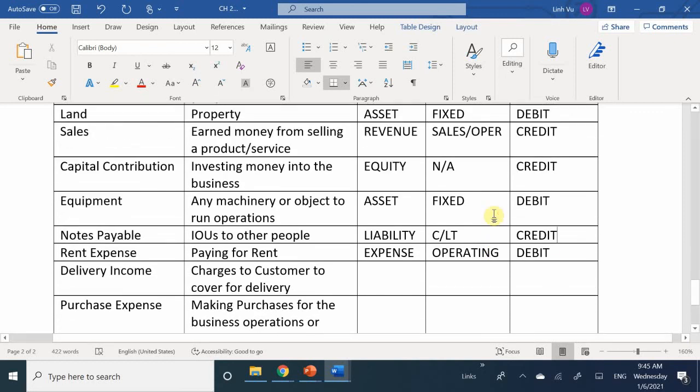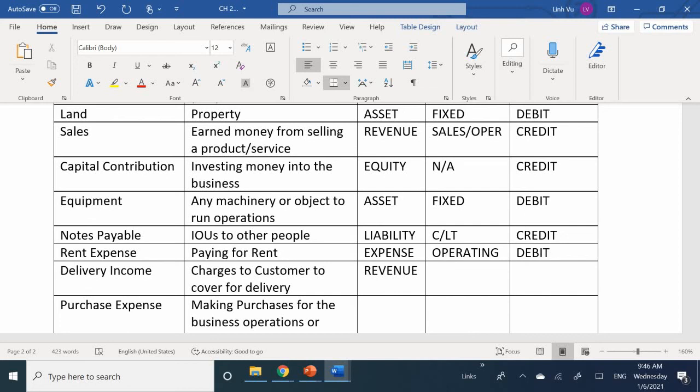What about delivery income? Charges to customer to cover for delivery. It is a revenue. Now, what kind of revenue would a delivery charge be considered? Operating. Sale of service. Okay, that is if you are a delivery truck company.